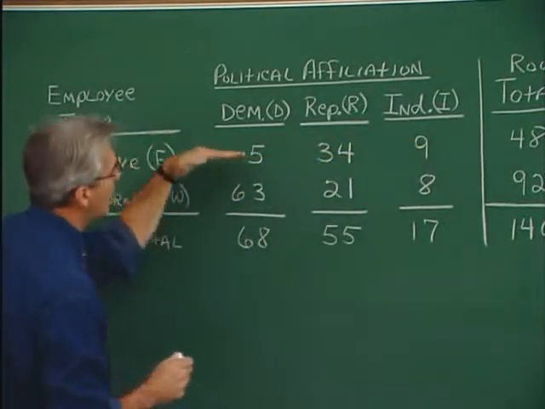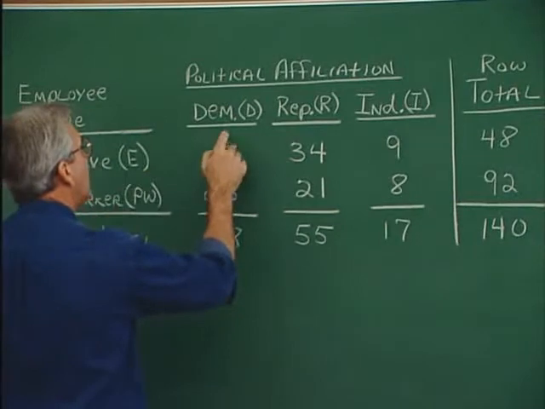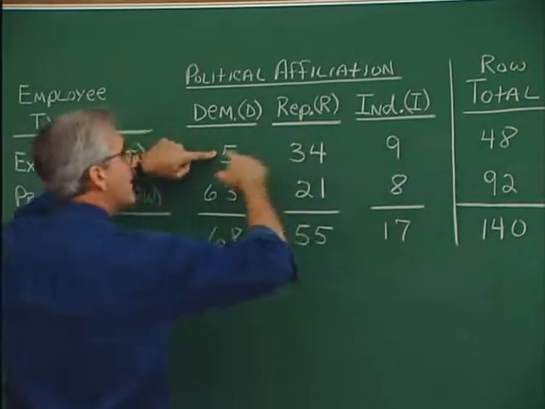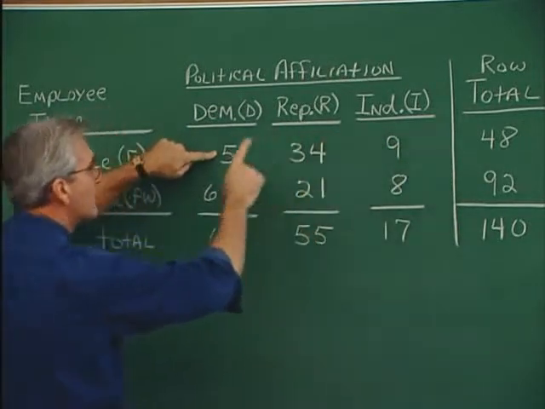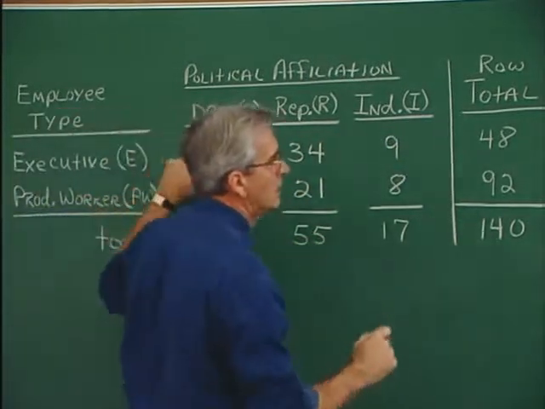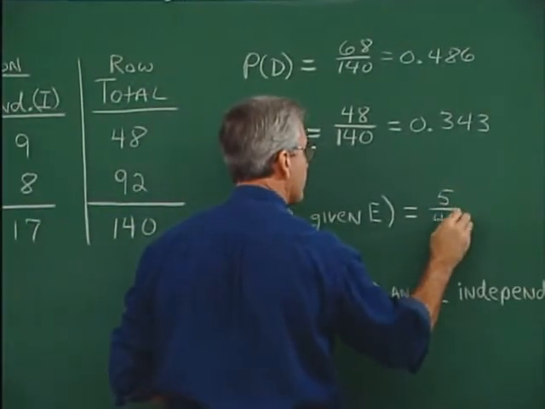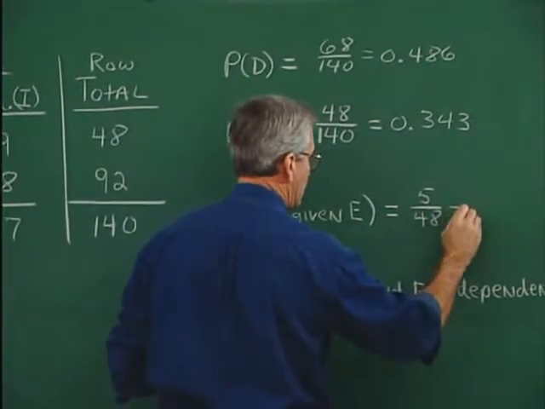So we're talking about this group, and there are 5 Democrats in this group of executives. So Democrat given executive is 5 over 48. And again, a decimal is associated with this one.